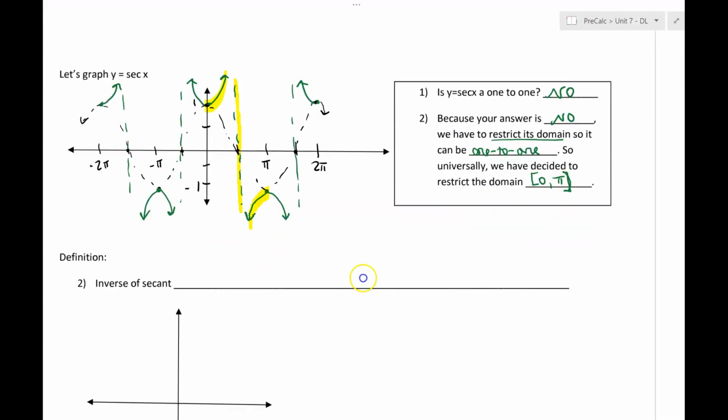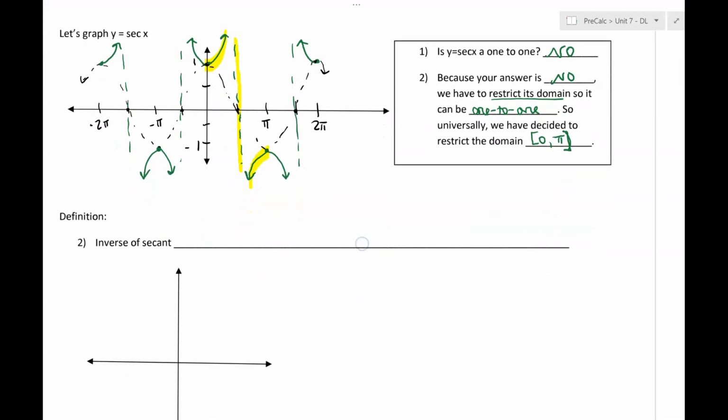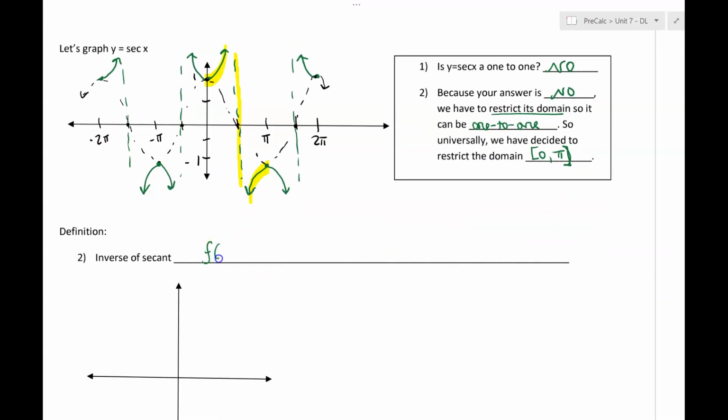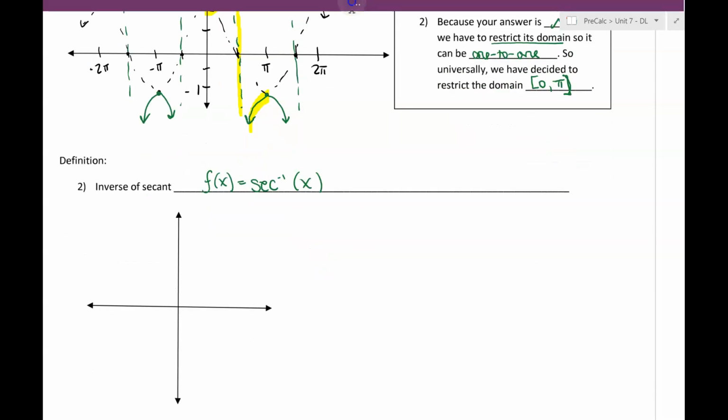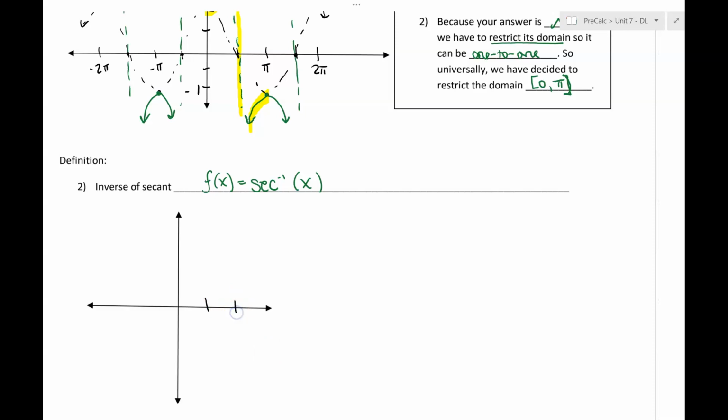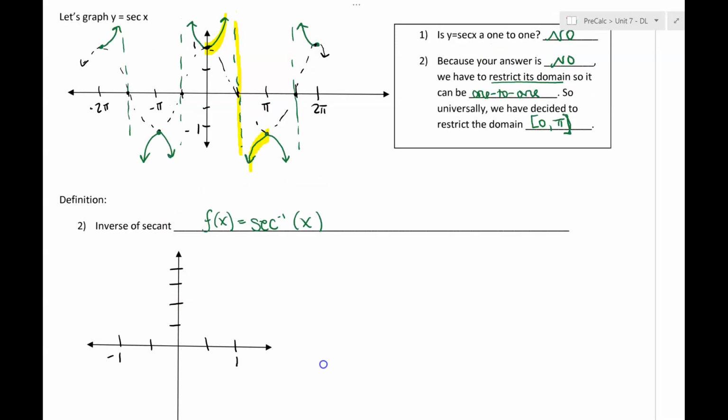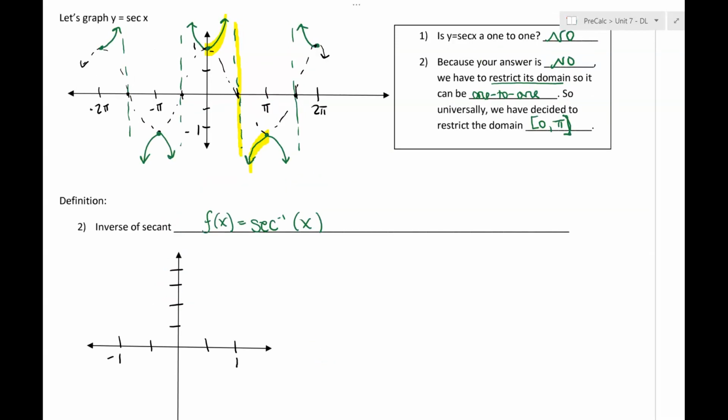All right, so what does that look like? We're going to find out. Okay, so the inverse means that f of x is equal to the inverse secant of x. Remember, it has that -1 exponent. And again, our x and y values are switching because we're graphing inverses. So my x-axis goes from -1 to 1, and my y-axis I only care about from 0 to pi.